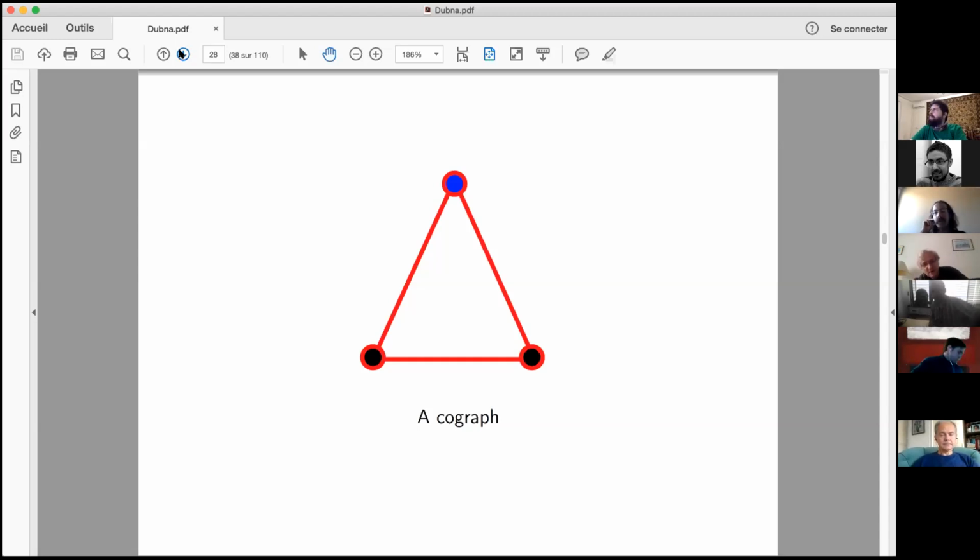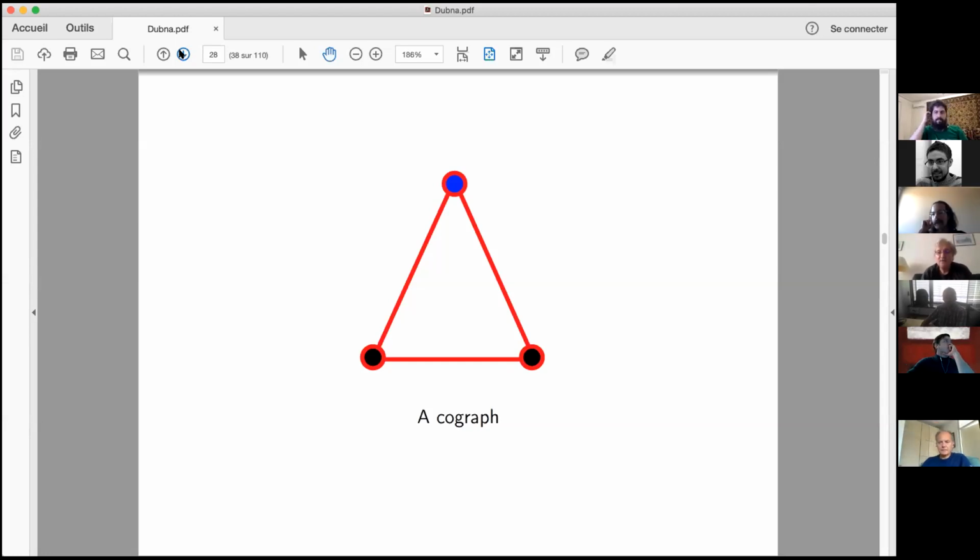You start with your graph, look for twins, delete one, look for twins, delete one, and go on until you find no more twins. If the final graph is just 1 point, one says that the graph is a cograph. Once again, this was invented in the 70s for computer science reasons.